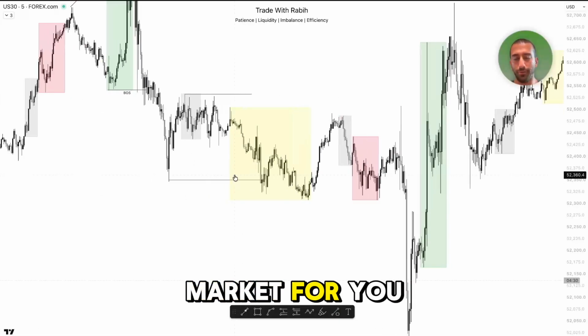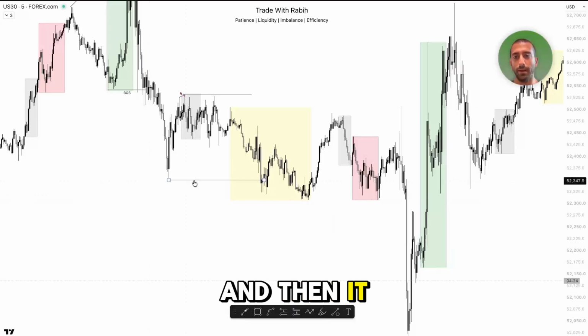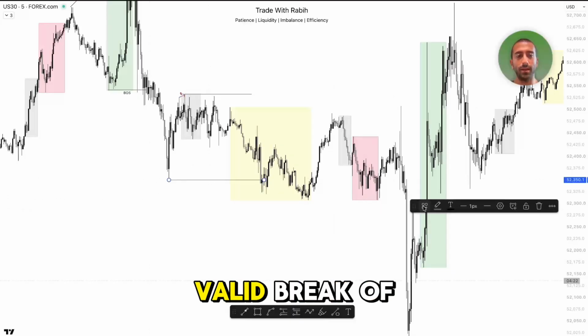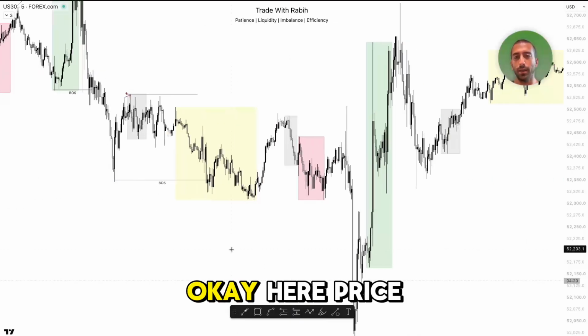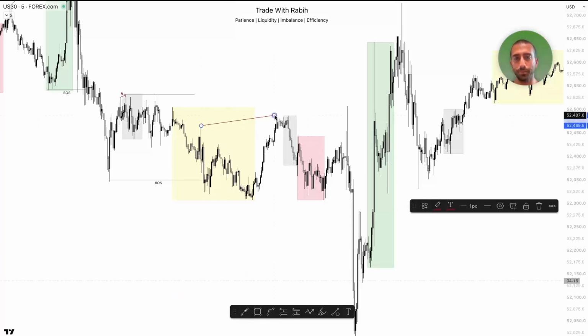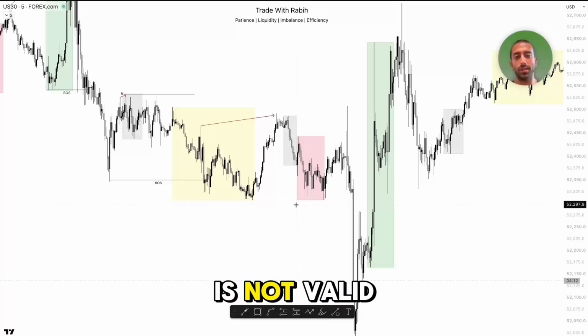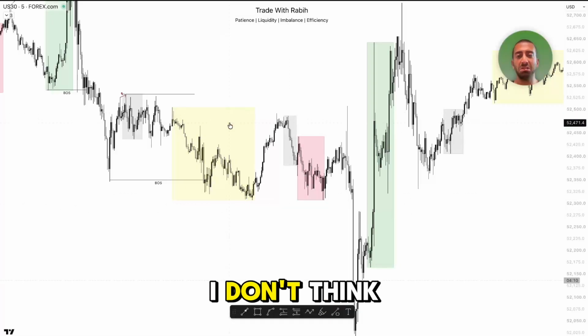I'm going to mark it for you now. and then it broke structure, making this a valid break of structure. Okay? Here, price did sweep liquidity right here. But did it break structure here? No, it did not. So this one is not valid. I don't mark it. I don't think about it.